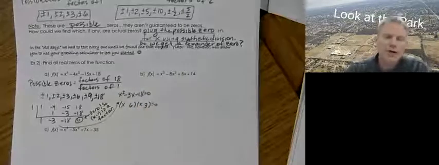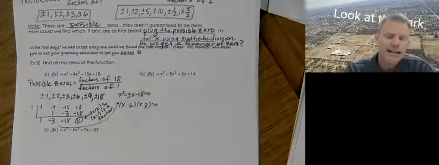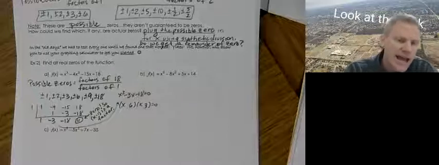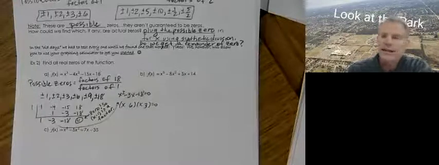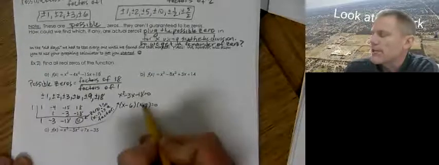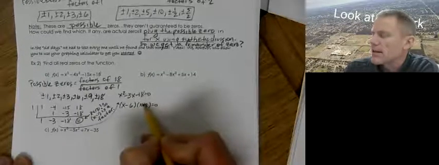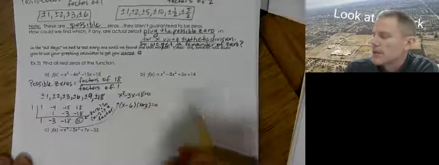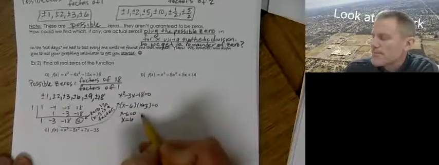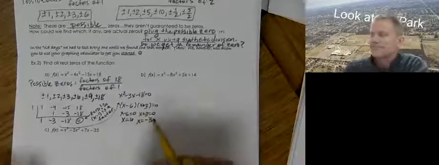Those are two numbers that multiply to be 18, and they add to be 3. We get a negative 3 if we have more negatives and less positives. So x minus 6 equals 0, so x equals 6. x plus 3 equals 0, so x equals negative 3.